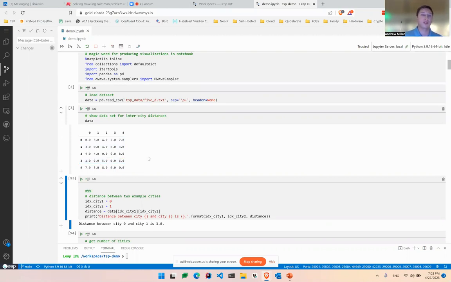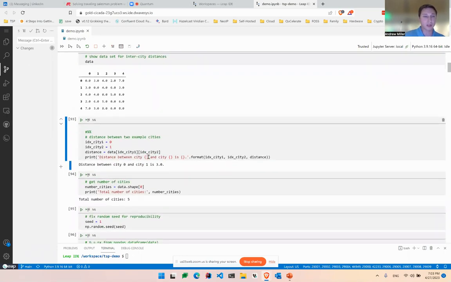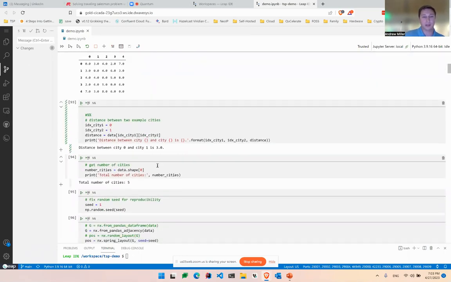So we're assuming that they're all kind of connected. And if they're not connected, a way to still produce this table is just find paths and then calculate the distance between the two disconnected cities. So then we can, like in this example, see the distance between two cities, in this case city 0 and city 1, and it says 3 right here.